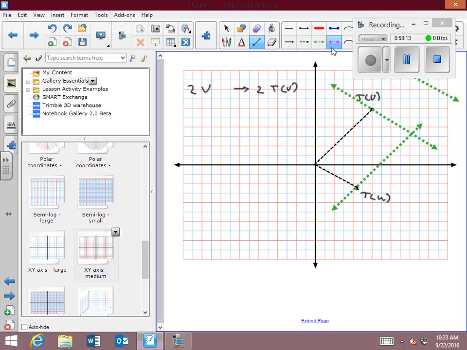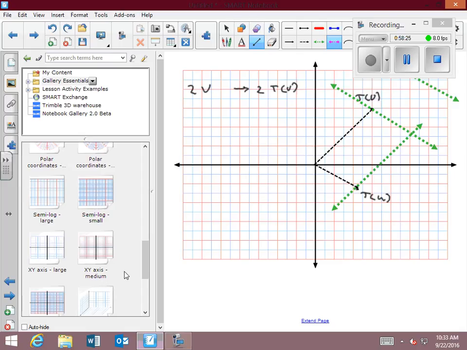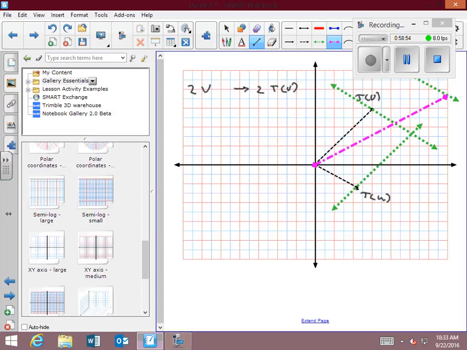So I gotta go from, screw that thing out. It's gotta go here. Okay, that is going to be the transformation of the function.